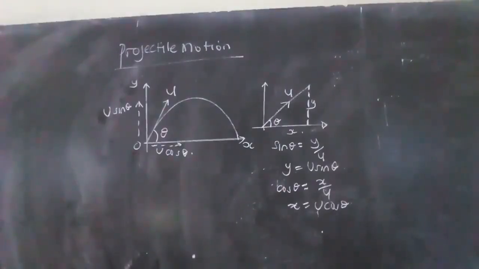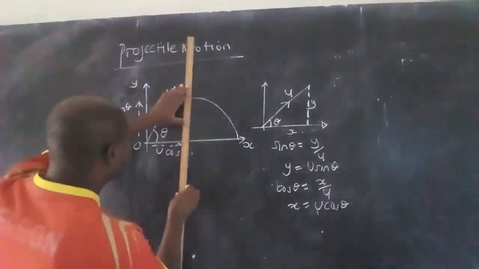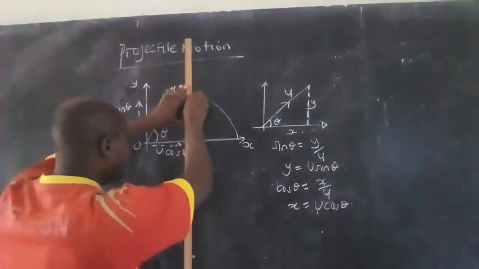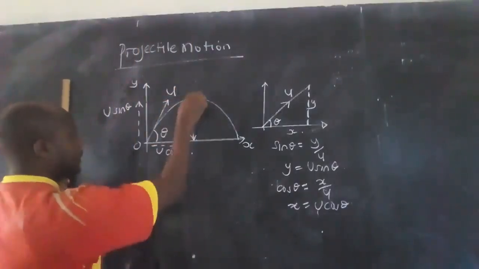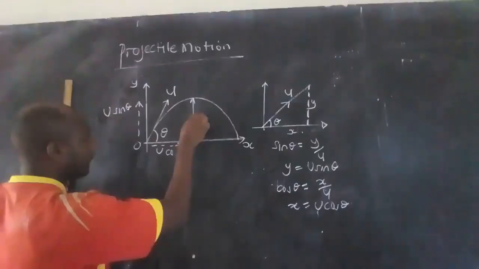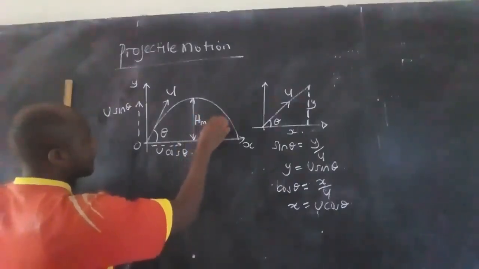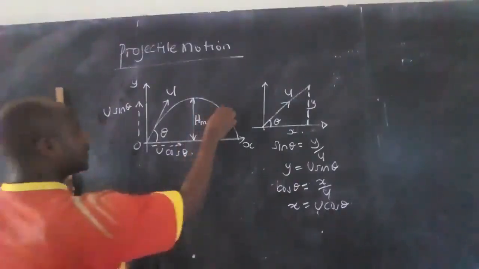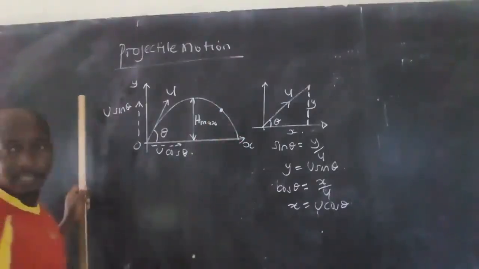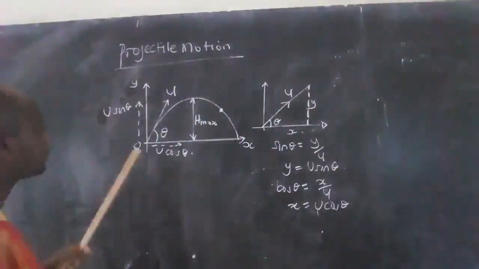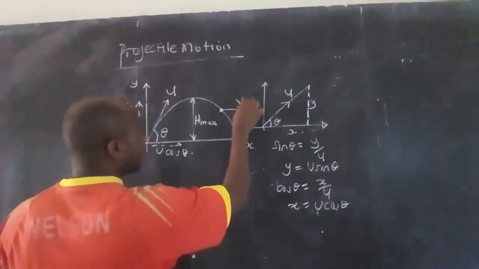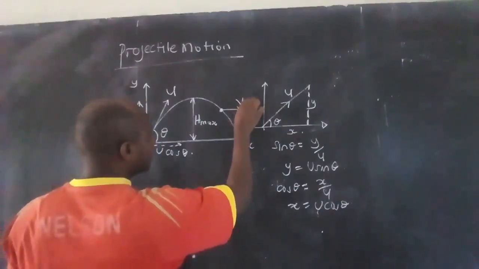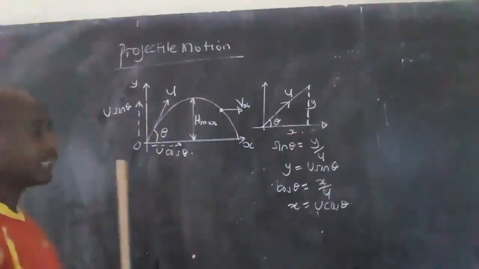Then we look at the terms involved. Now, from here to here, we shall call this one H, capital H maximum. Now, here, before the projectile hits the ground, it has Vx under horizontal direction.